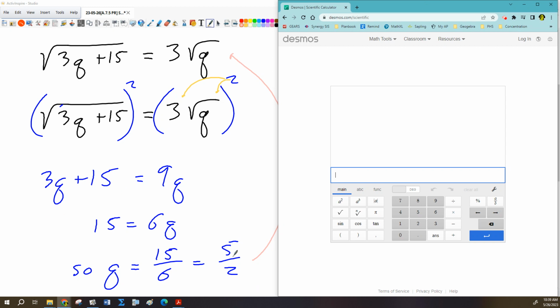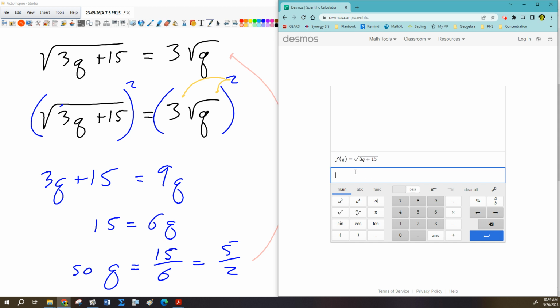I'm just going to plug 5/2 into the left side. You guys remember this? This was a great trick I showed you earlier. We're going to define a function for the left side. So we'll call it f of q this time. f of q equals square root of 3q plus 15.